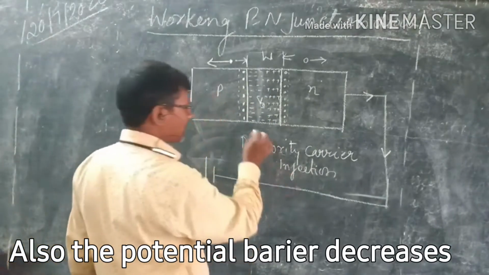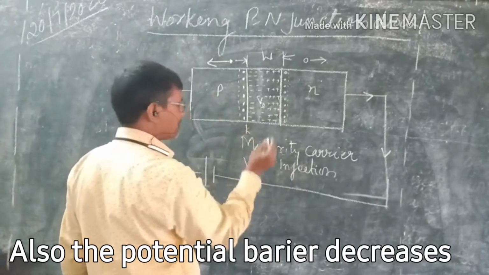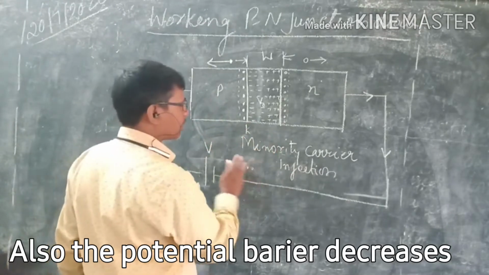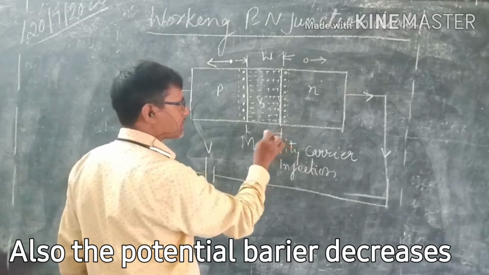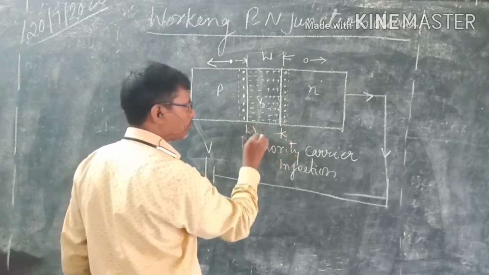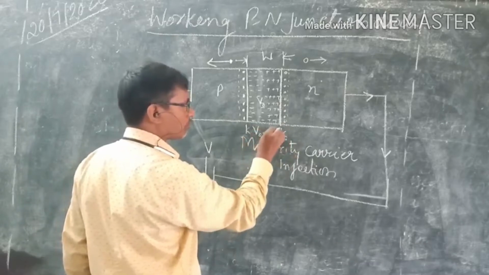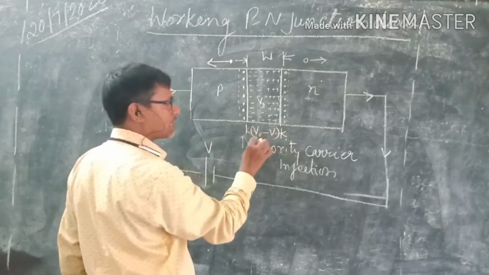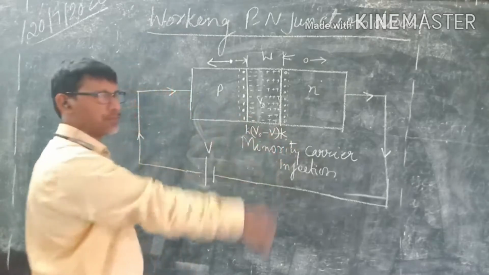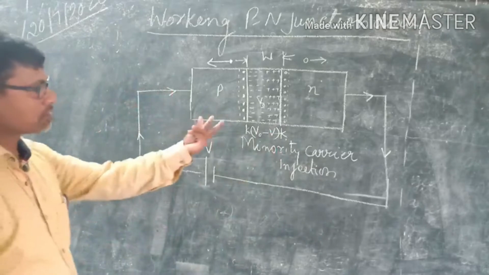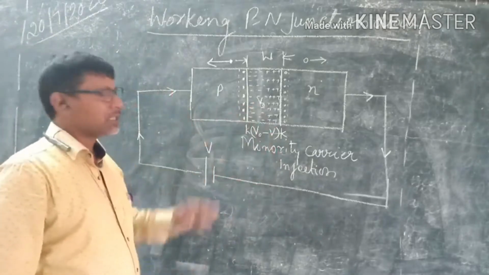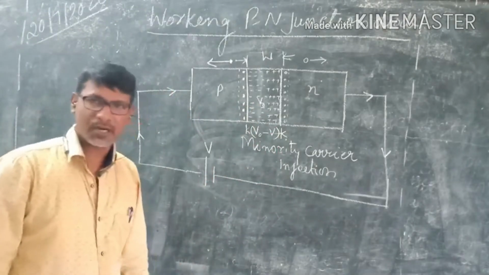So we can say that as we apply the voltage V here, the potential in this depletion region will become V0 minus V. This will be the net potential active in this depletion region. So due to these three phenomena, the action of the PN junction starts.